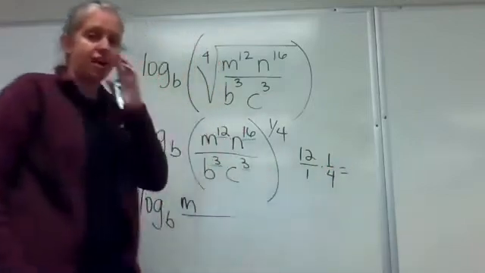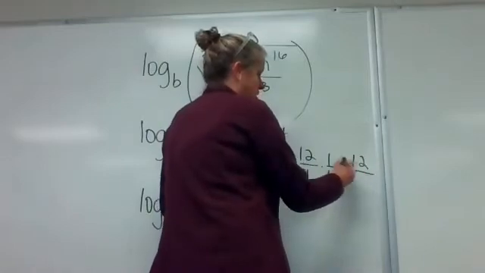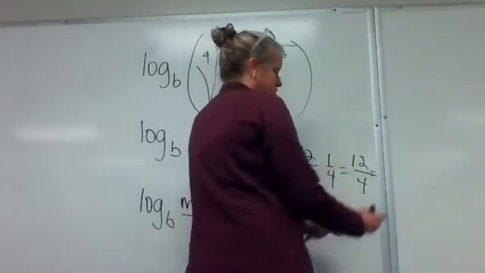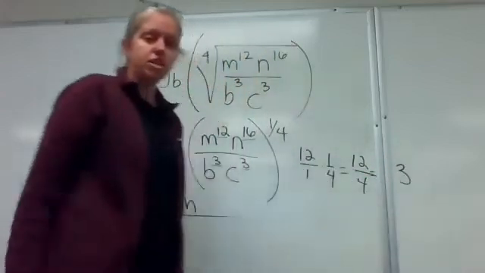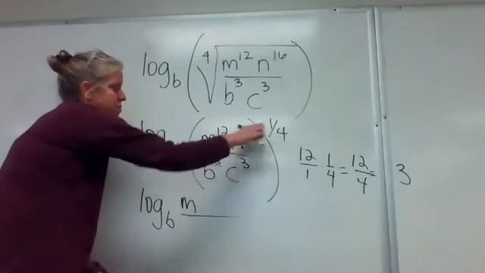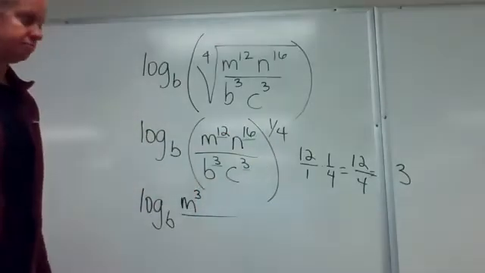If I multiply that together, 12 times 1 gives me 12, 1 times 4 gives me 4, and 12 over 4 reduces to 3. So the m, once I multiply its exponents together, has an exponent of just 3.